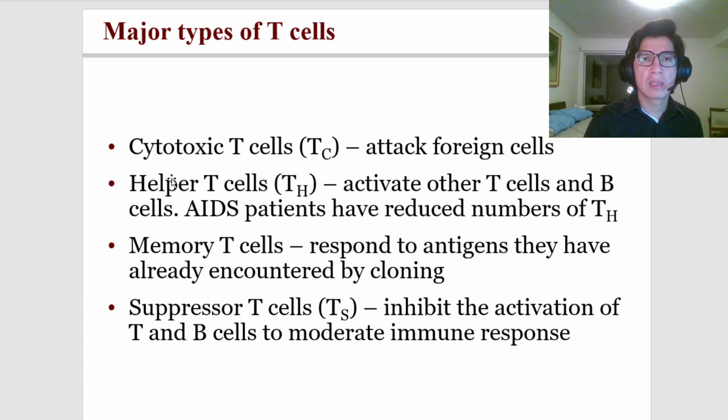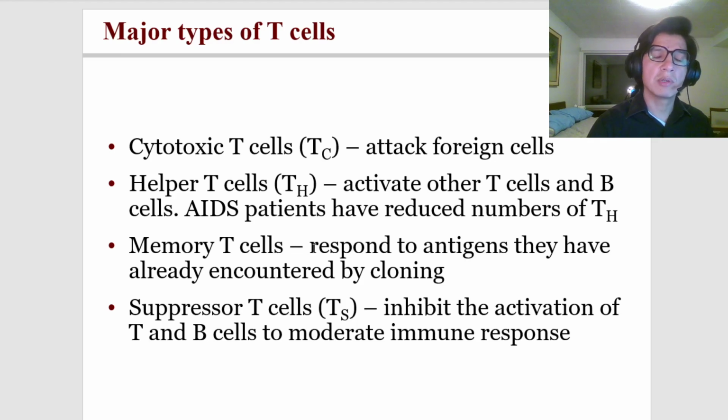Okay. So first, the major types of T cells. I think we talked about them earlier, but let's refresh. Cytotoxic T cells, the ones that do the attack. Your helper T cells, the ones that activate T cells and B cells. AIDS patients have a reduced number of T cells, so they basically cannot create this activation, this summoning of large portions of the immune system, of B cells and T cells.